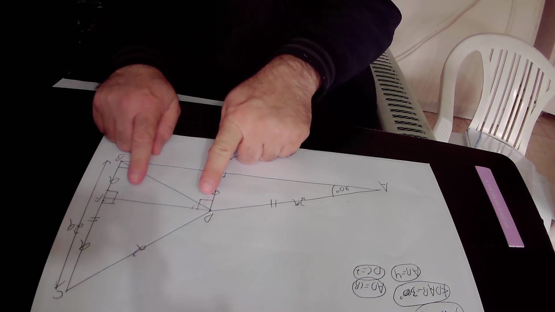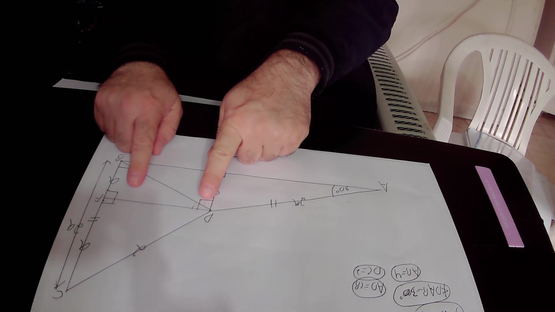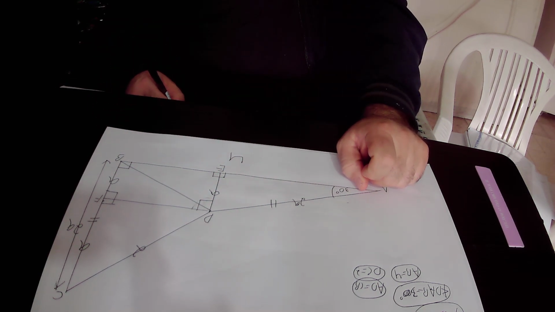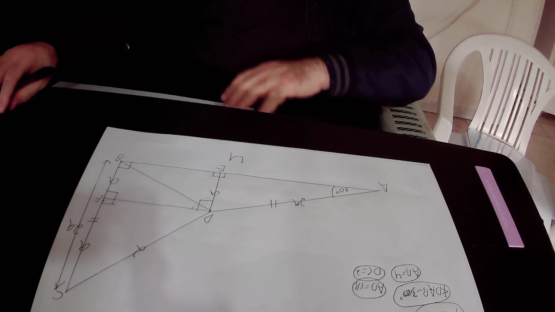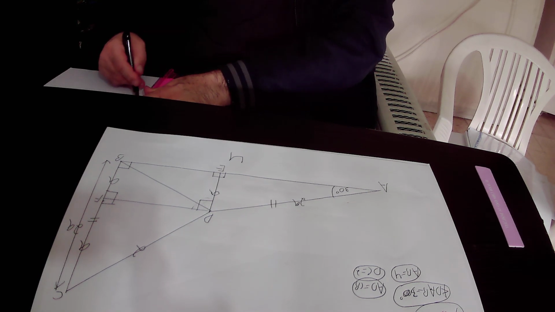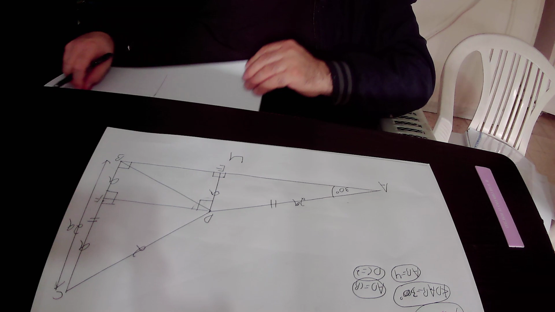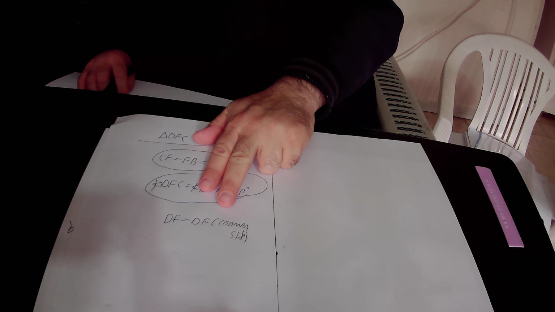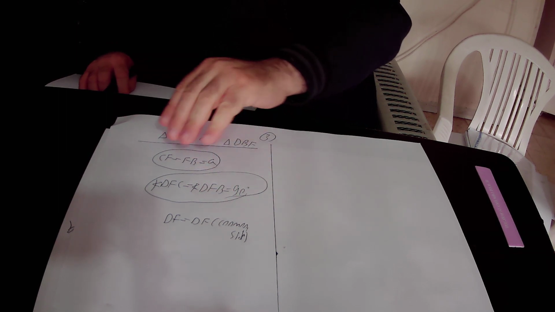And side DF is a common side, it belongs to both triangles, so DF equals DF as a common side that belongs to both triangles.